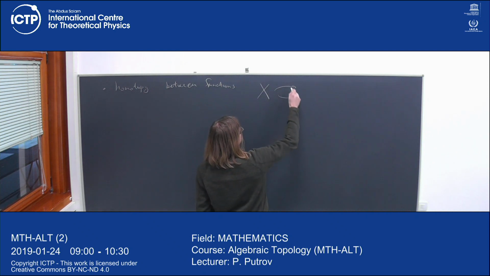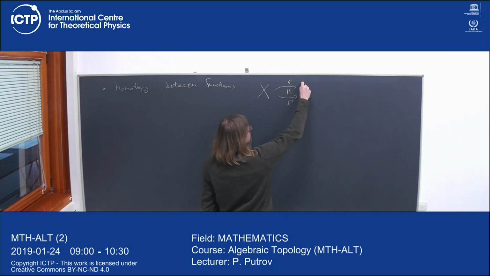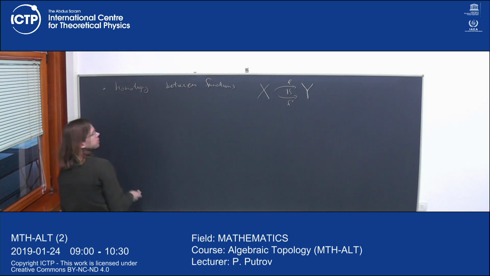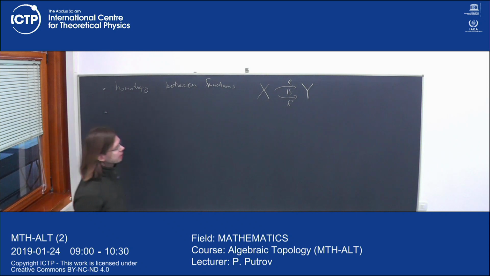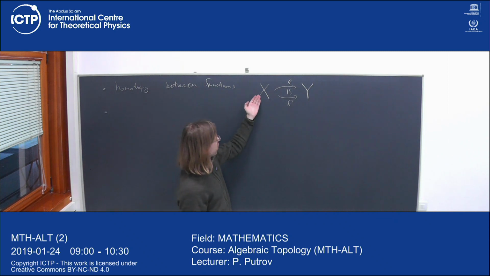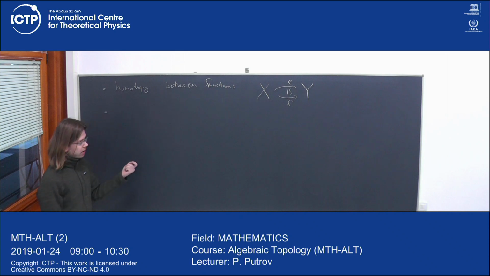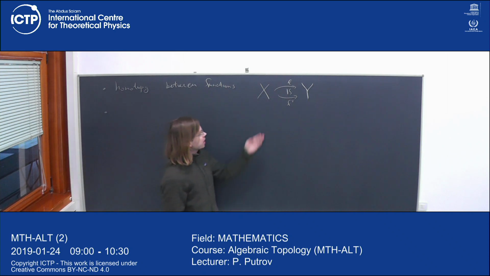There is a notion of sort of an equivalence relation, which we denoted by the symbol, which relies explicitly on the existence of a continuous mapping from X times interval to Y, so that restricted to 0 it gives f, and restricted to 1 it gives f prime.